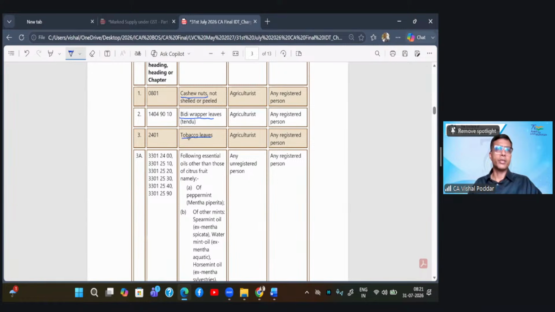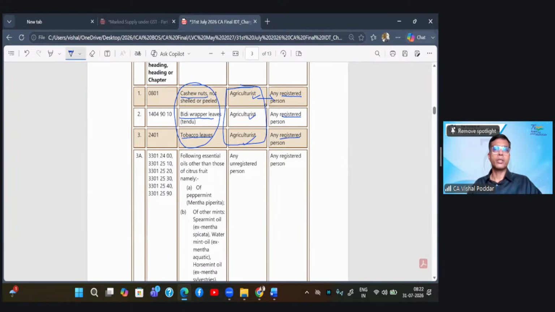Now, in all these three cases, who is the supplier? The supplier is a farmer. So RCM will apply when a registered person, that is a registered business, is purchasing any of these items from the farmer.